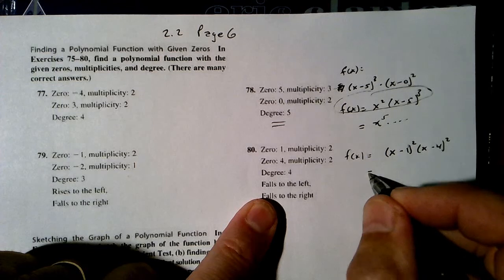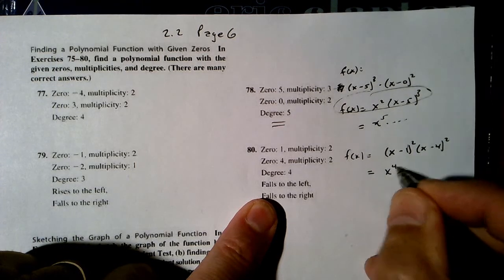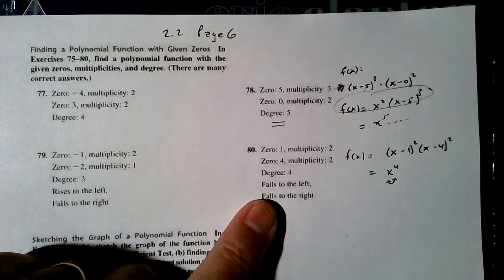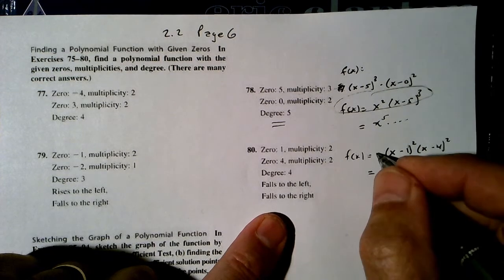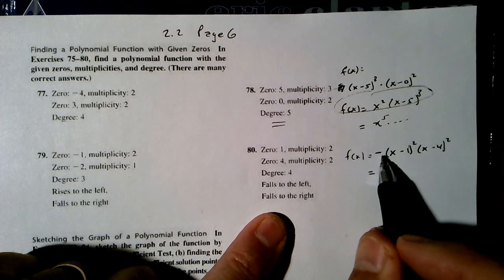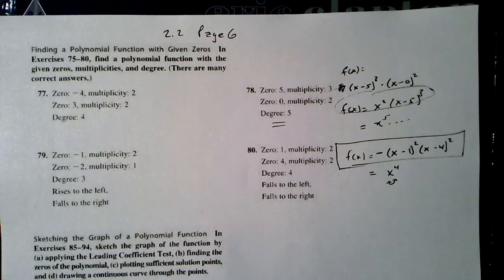And if I were to superfoil this out, I'd get x squared, I'd get positive x to the fourth, and that wants to rise to the right, rise to the left. But it's supposed to fall and fall, so if we just make it upside down, a multiplier of -1, the graph's upside down. There we have it.